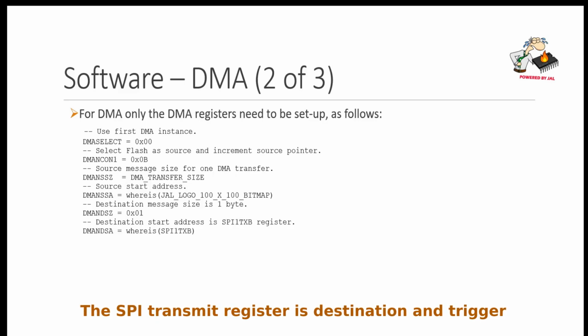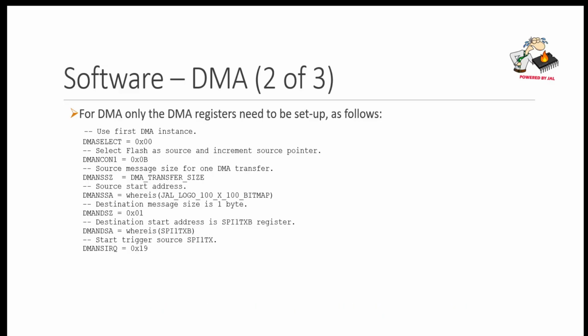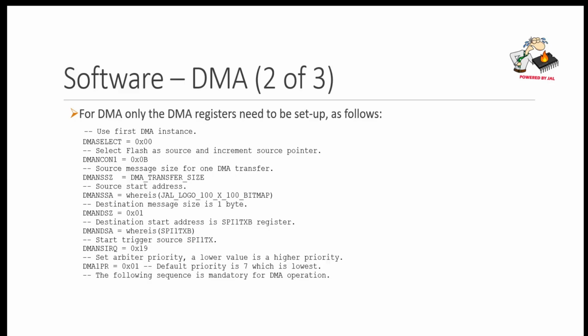Then we need to define the trigger, and the trigger to start the source is hexadecimal 19, which you can find in the data sheet. And then we have to set the arbiter priority. We set the priority to 1, the default is 7. And then at the end of this you need to follow the following sequence for the DMA operation.